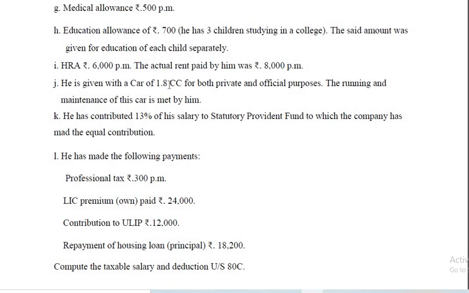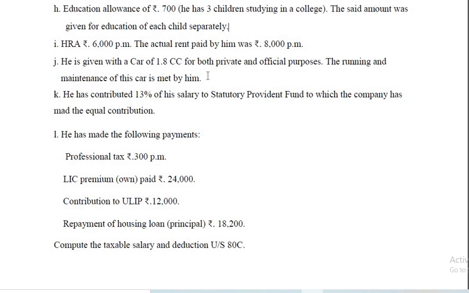Smaller car means 1800, but here the expenses are met by the employee or the SSC, therefore bigger car, 900 into 12. So driver's services are not provided, it seems, so you have to simply ignore that for the time being.